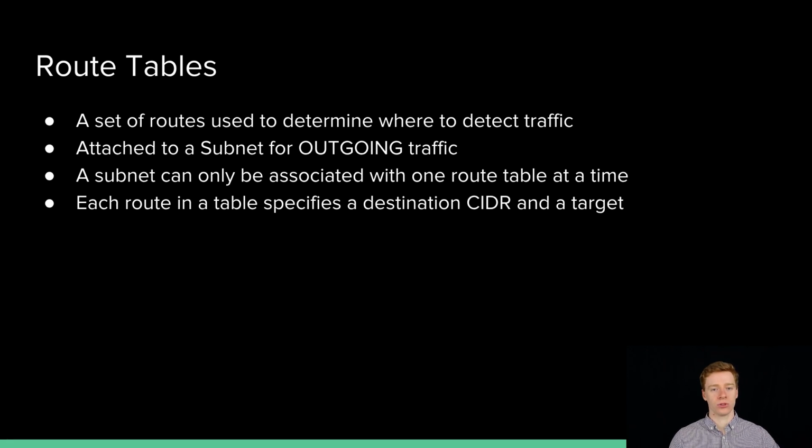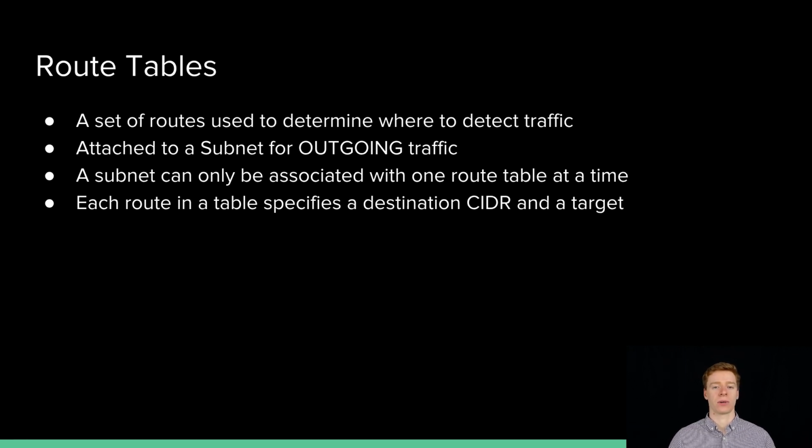The next part is route tables. A route table is part of a router, which we've mentioned in the previous video, and it determines where to route the traffic next. It looks at the outbound traffic of a subnet, for example, you requesting to go out onto the internet, and it says, okay, this outbound traffic is destined for 8.8.8.8, say Google, so I should send it to the internet gateway.